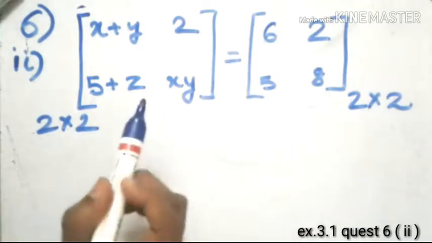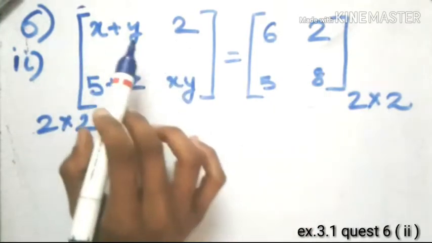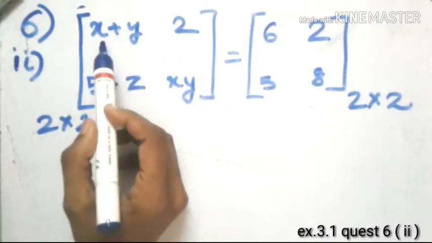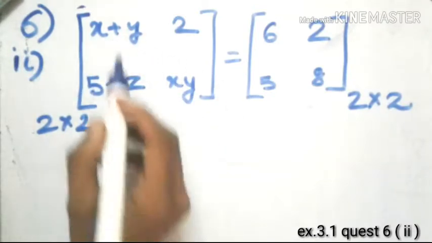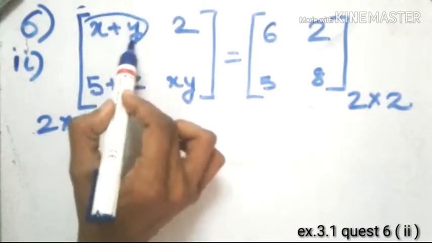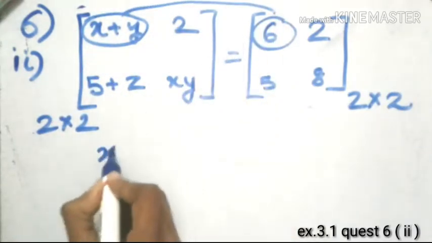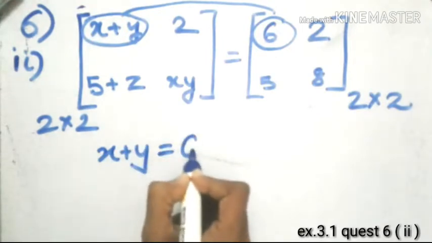So what are my variables? x, y and z. Now here this is not so straightforward like the first part. I have a linear equation here. Let's write that. So this element is going to be equal to this element. So x plus y is equal to 6.